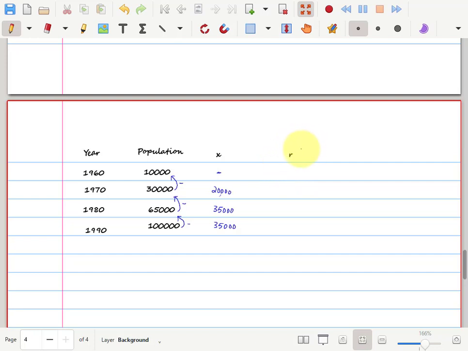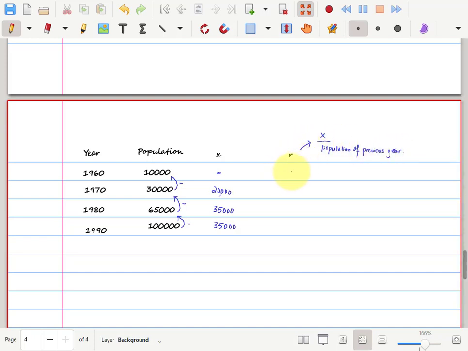R is equal to, actually R is the value of corresponding X divided by the population of the previous year.